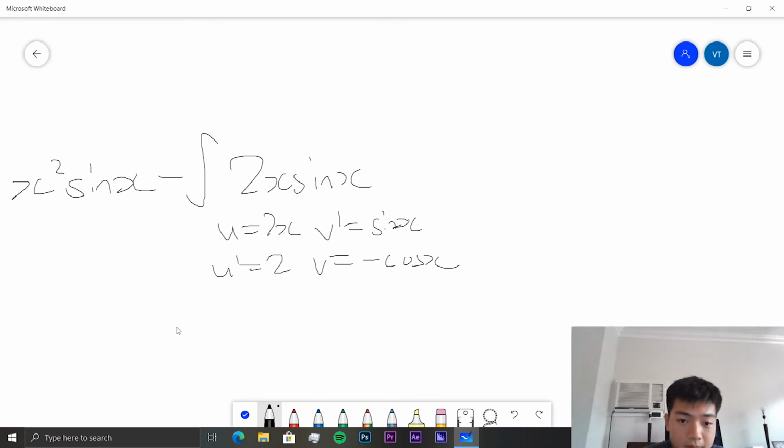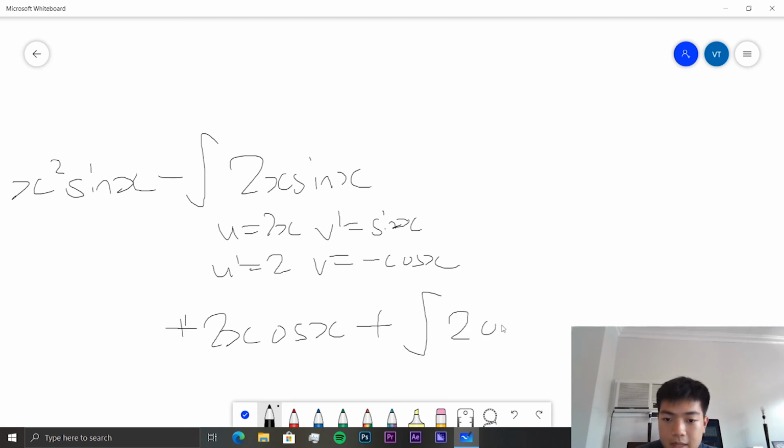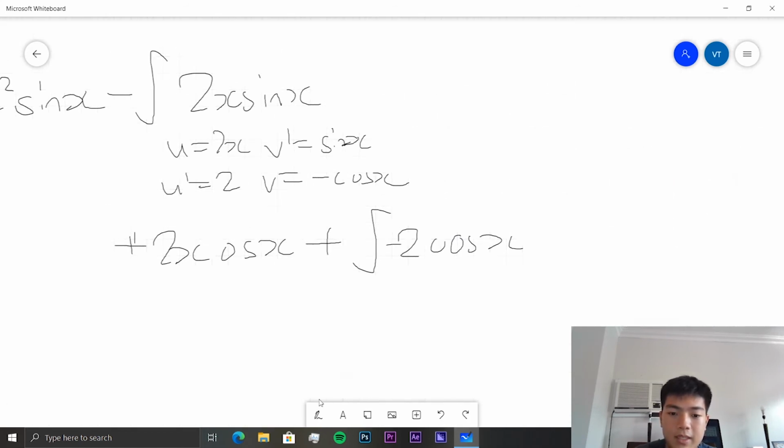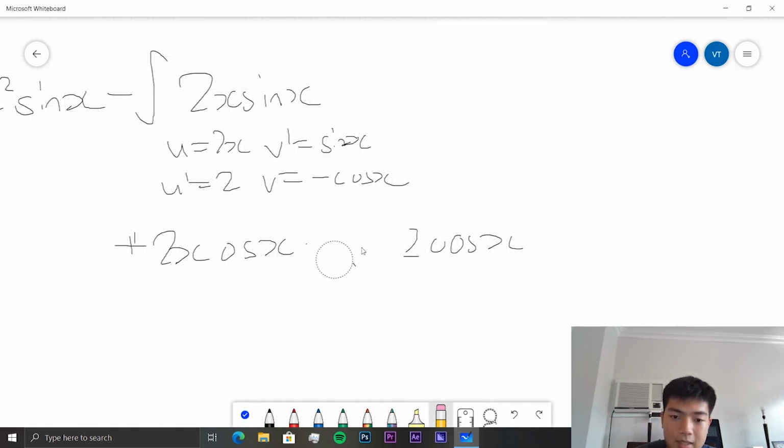So we have, this is minus plus 2x cosine x, and then plus the integral of 2 cosine x, which of course the integral is simply minus 2 sine x.